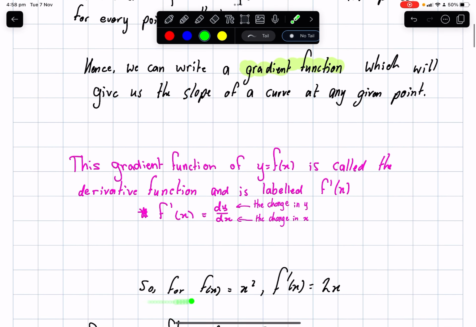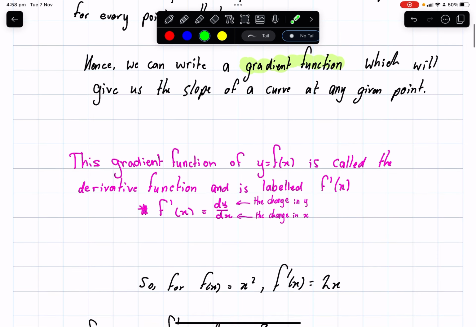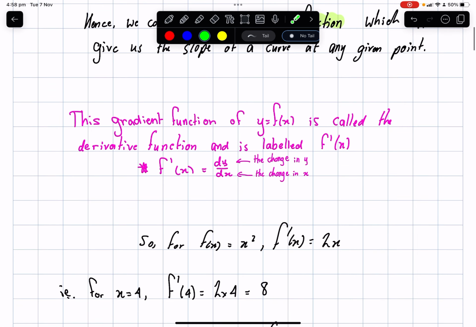Now, I've got a function here, f of x equals x squared. Now, just take with a grain of salt for now that the derivative function, f dash of x, is equal to 2x. So if I wanted to find the gradient at x equals 4, so if I graphed x squared, it looks something like that, a nice quick sketch.